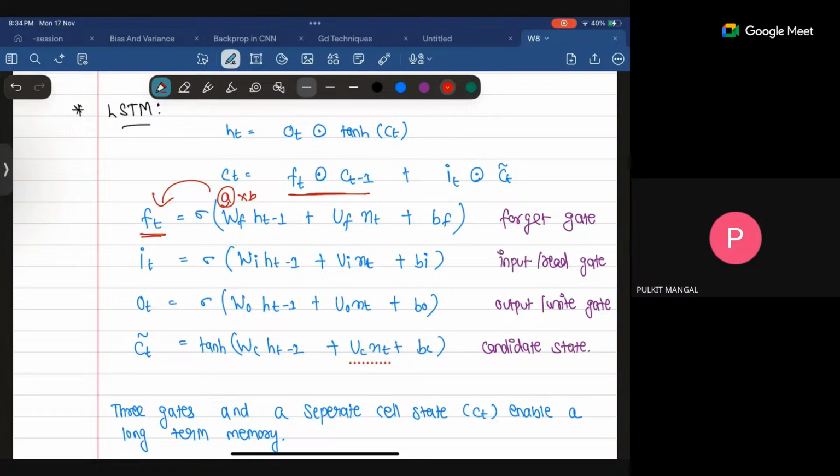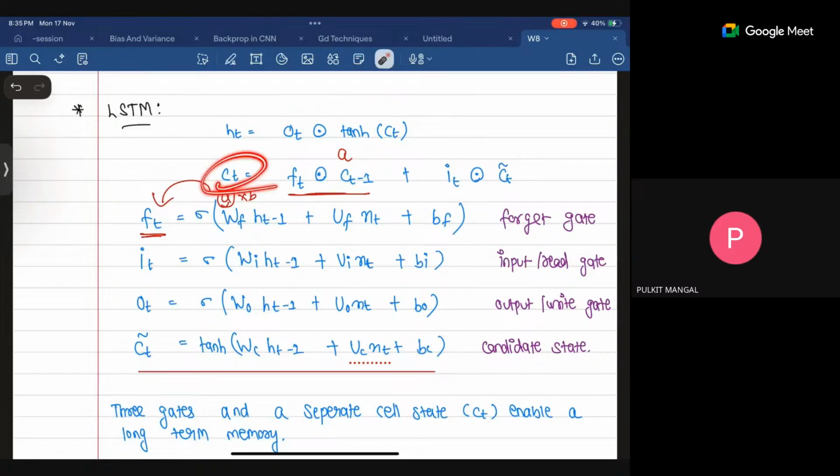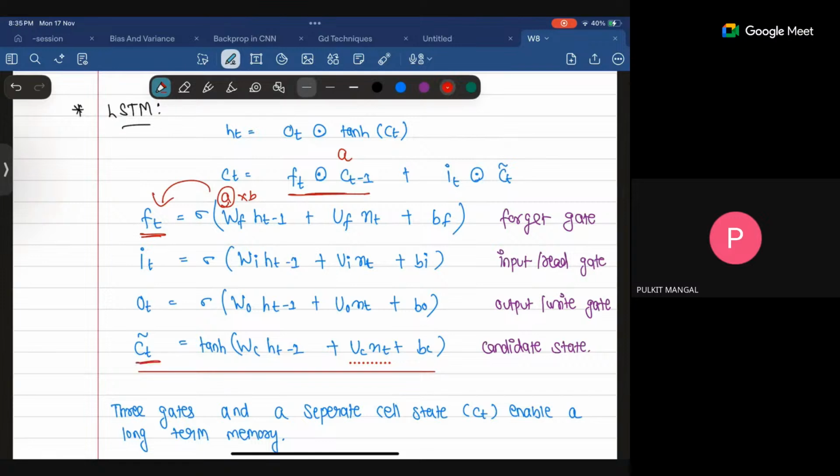For it to be a correct element wise multiplication, the CT minus 1 also has to be of the same dimension A. From where are we getting this CT? This is coming from this equation, and this CT minus 1 is going to get it from this equation, because the CT minus 1 is dependent upon this partial CT also. So this CT tilde here also should have the dimension A.